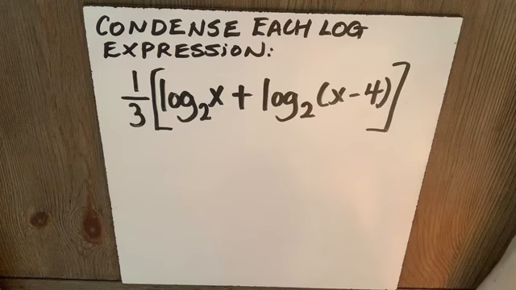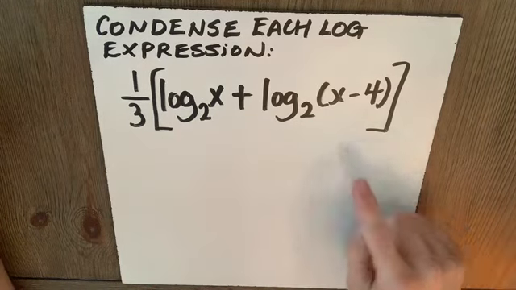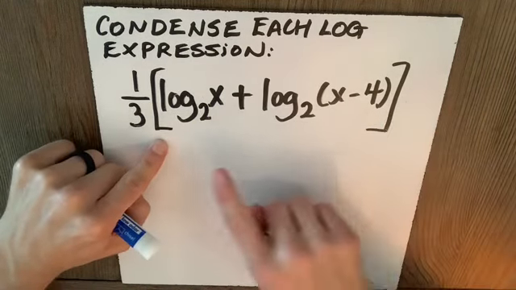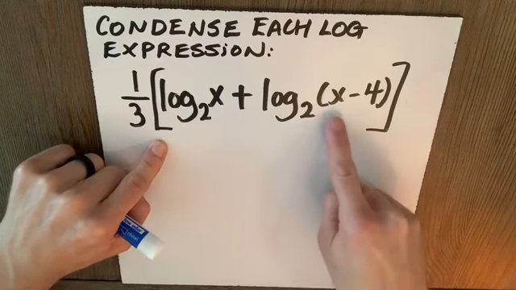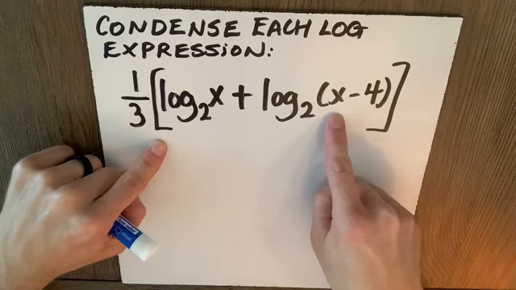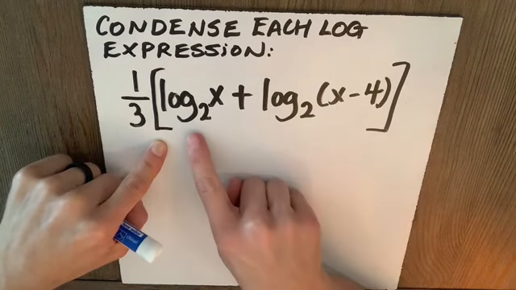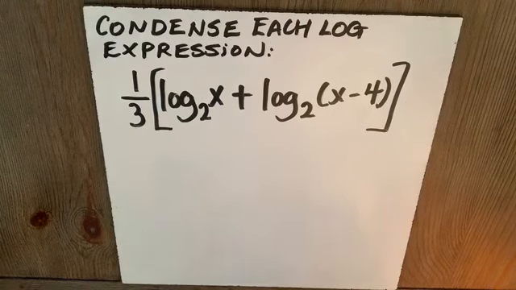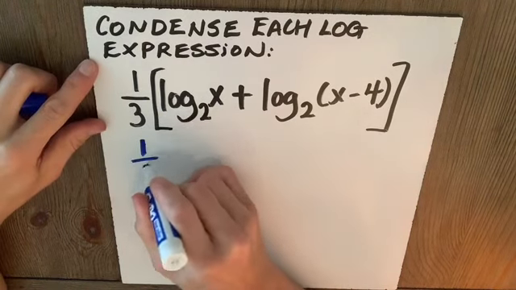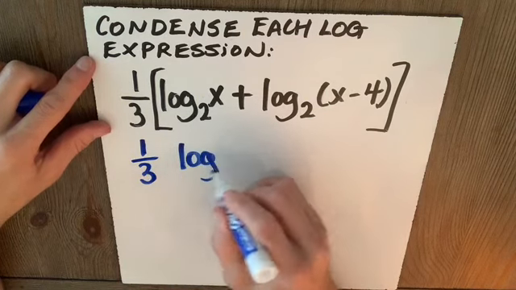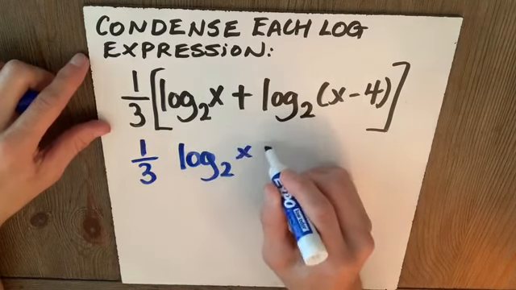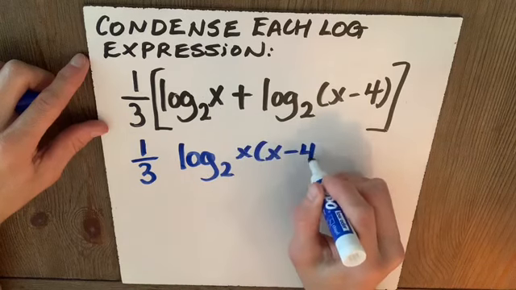If we're asked to condense this expression, I would probably say, well, let's just follow PEMDAS and work inside of this big parentheses first. Notice this is the equivalent of log a u plus log a v, which by our product property will become log a of u v. In other words, I could write this as the 1/3 comes down for the ride, and this will be log 2x times x minus 4.